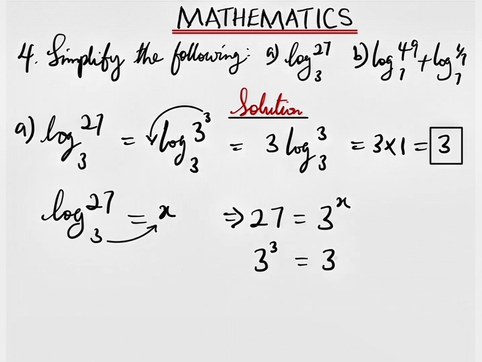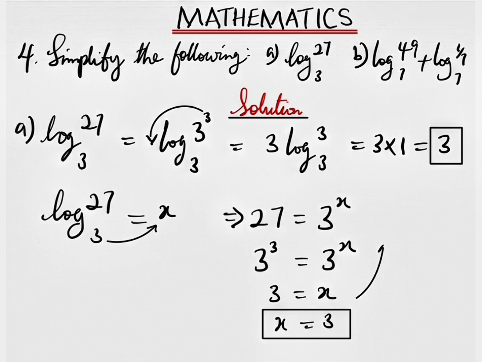So equal to 3 to the x. Now that we have the same bases, what do we do? We equate the exponents. So 3 equal to x, and if 3 equal to x, it implies that x equal to 3. So this is method 2. All right.